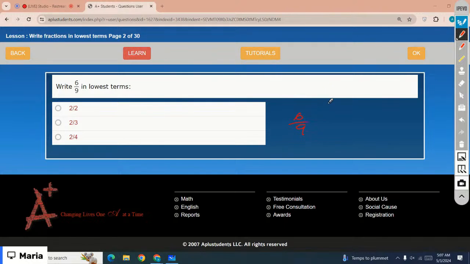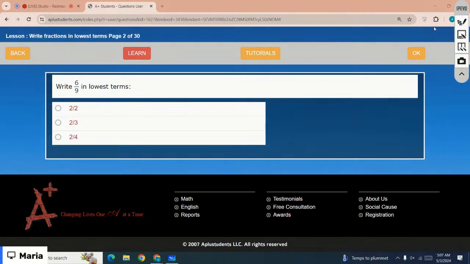You need to divide it by 3. Yes, so 6 divided by 3 is 2 and 9 divided by 3 is 3, so that would be 2 over 3. The correct option is 2 by 3, the second option. Very good.